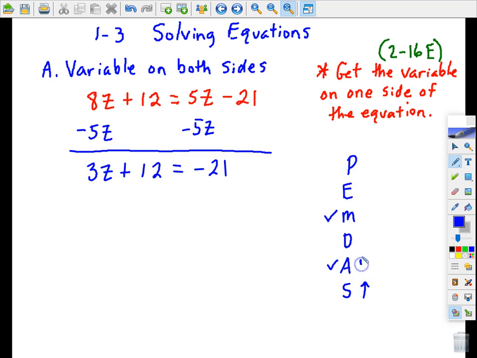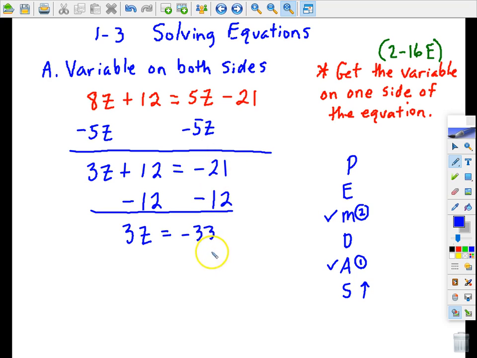So that means I'm going to undo addition first, and then I would undo multiplication second. And the way I undo addition is with subtraction. So the opposite of adding 12 is subtracting 12. And that leaves me with 3z on the left side is equal to negative 33 on the right side.